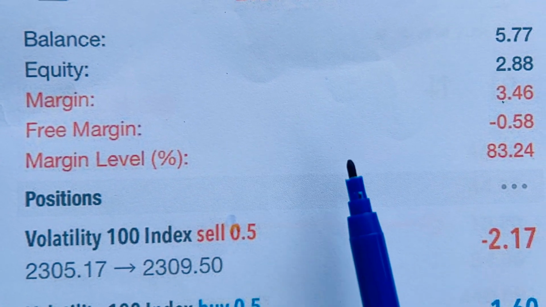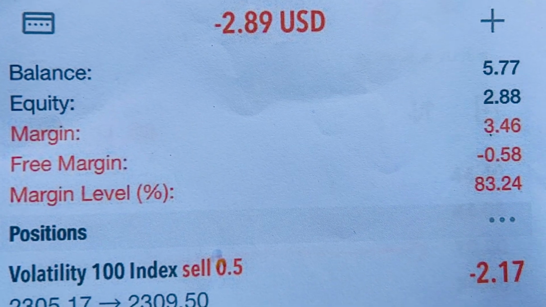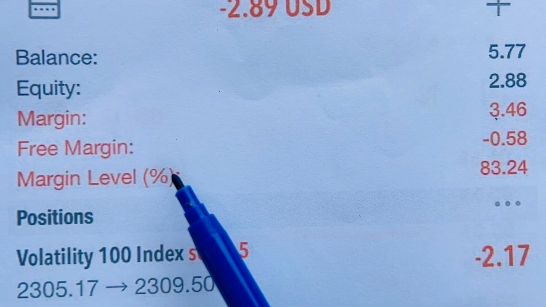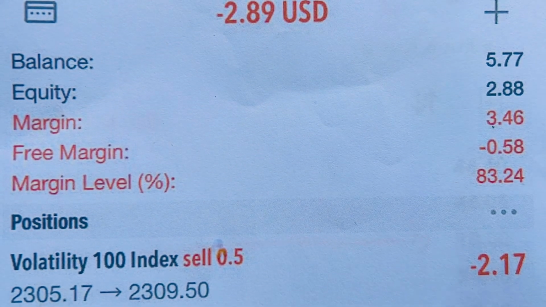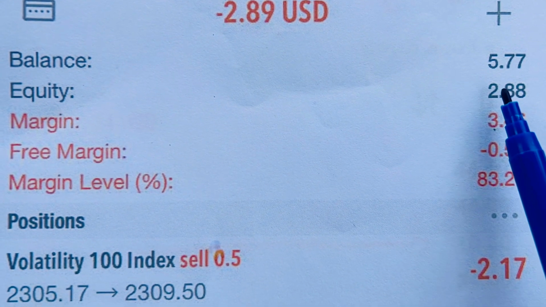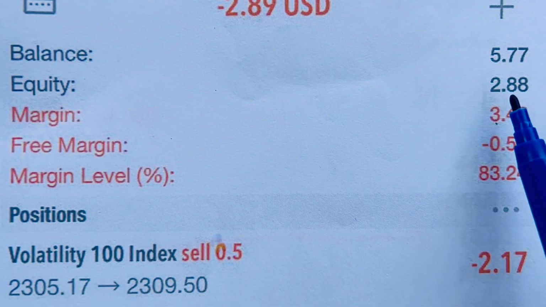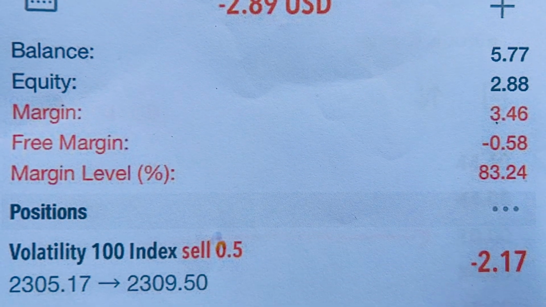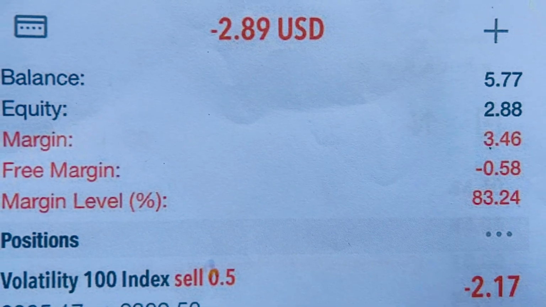Now, margin level is a monitoring tool. This monitoring tool is set at 50 percent, meaning that if we lose 50 percent on equity or margin, we are not supposed to lose this amount of money, which is 3.46. If right now we had 5 here, we are already left with 2.88.